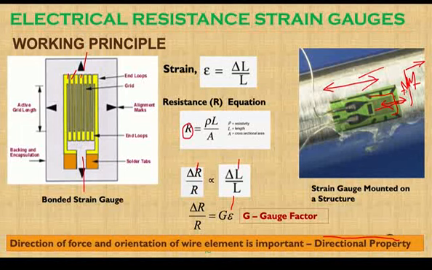That means in order to sense strain in a particular direction, the strain gauge needs to be oriented along that direction, and if a strain gauge is oriented perpendicular to the direction, the strain will not be sensed. So this principle is used in many cases that we will see later. That means the strain gauges are to be oriented properly for measurement of strain in a particular direction.